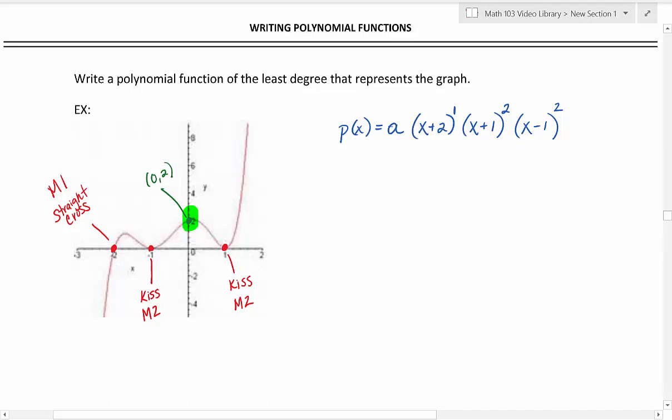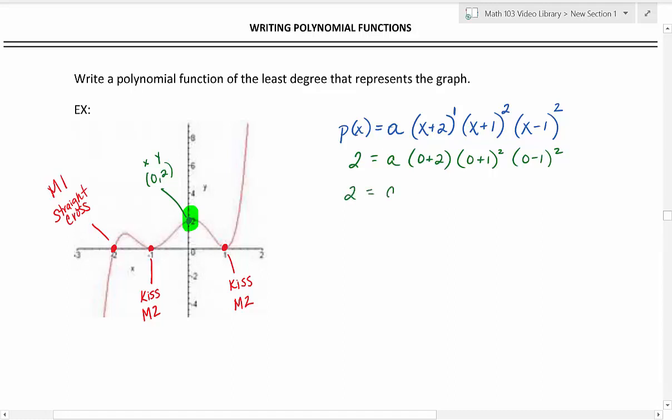That's a point on our graph that is not an x-intercept, so we can use that to find a. We'll plug 0 in for x, 2 in for y, and we'll find a. So 2 equals a times (0 plus 2) times (0 plus 1) squared times (0 minus 1) squared.